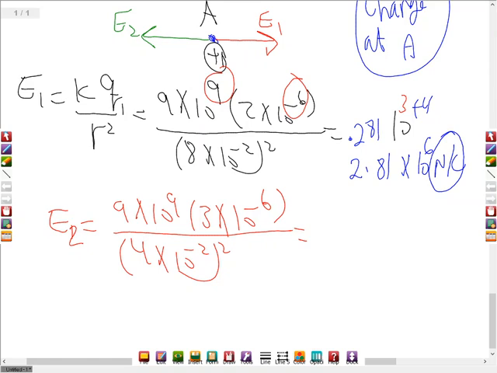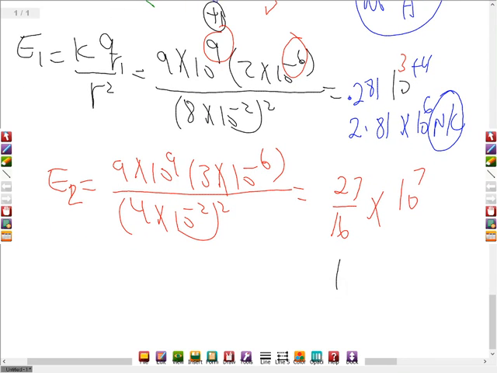Equal how much? 27 over 16 times 10 to the 9 minus 6 plus 4, which is 1.6875, rounded to 1.69 times 10 to the 7, which is 16.9 times 10 to the 6. Why did I do this in Newton per coulomb?